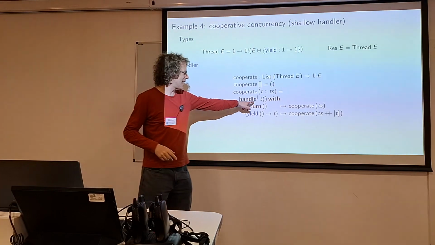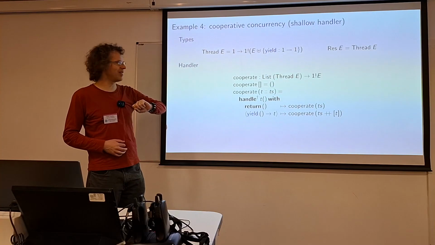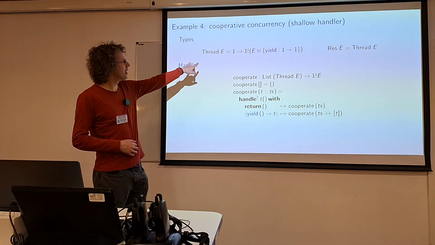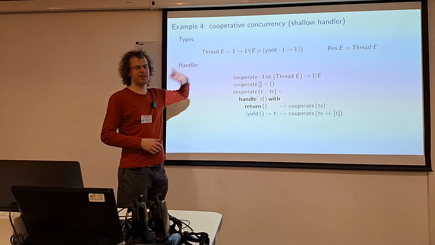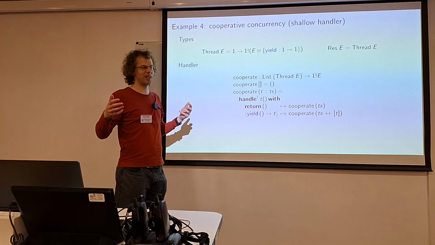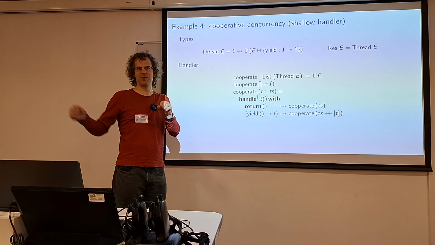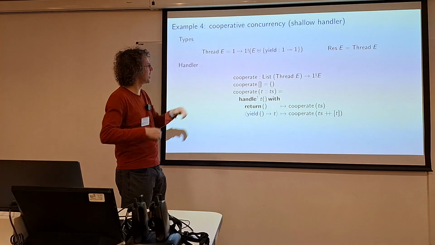I'm writing a little dagger to indicate that this is a shallow handler rather than a deep one. But in this case, we don't need to worry about the parameterization with parameterized handlers, because we can just make use of that recursion to thread parameters through functions in the normal way.